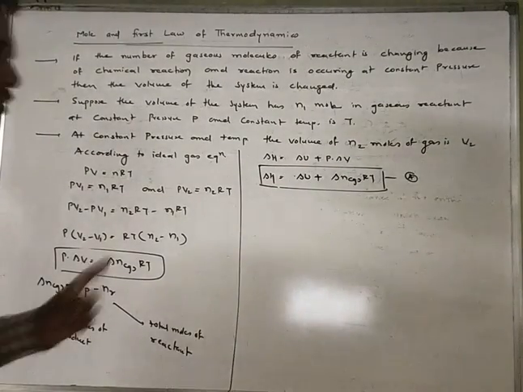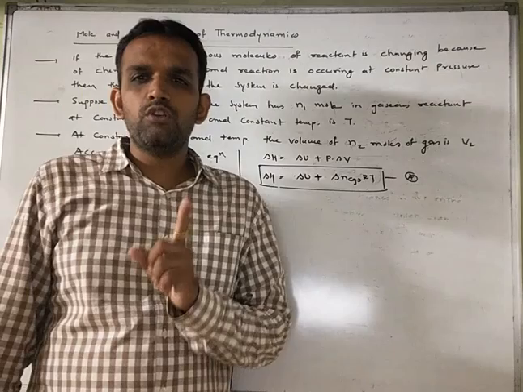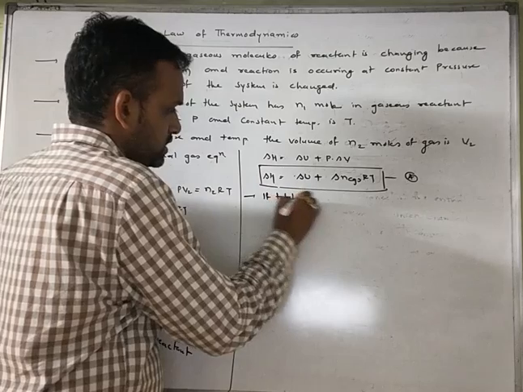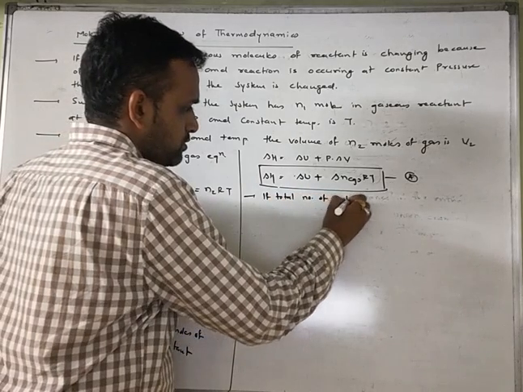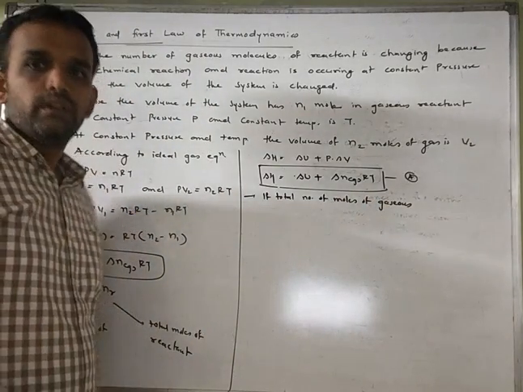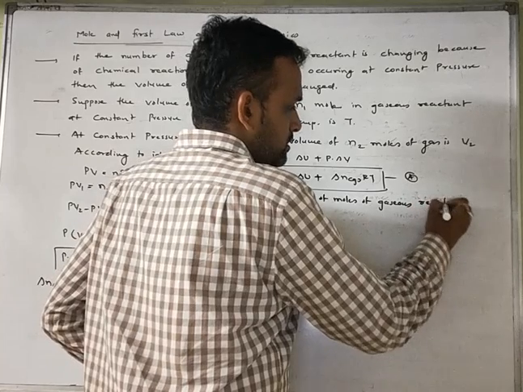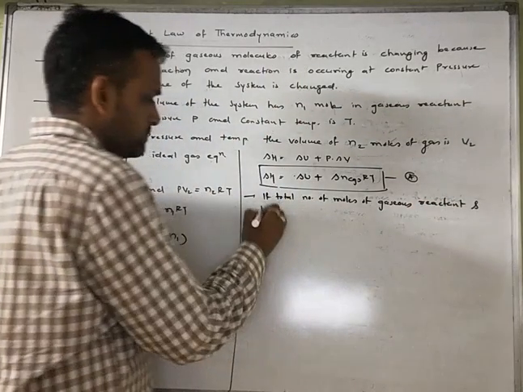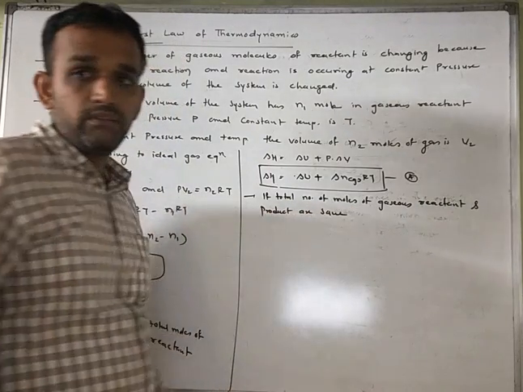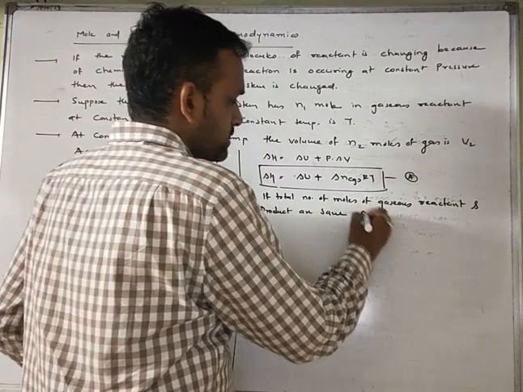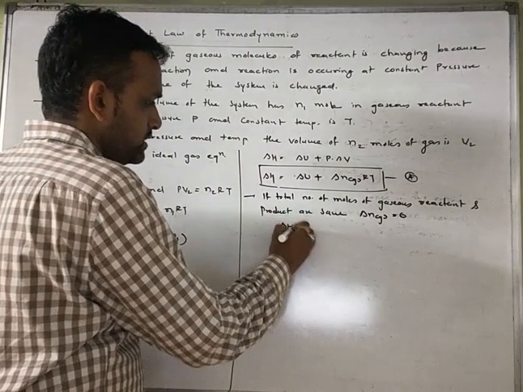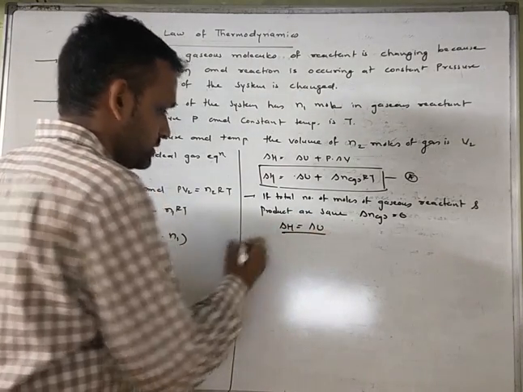Now if the total number of moles of gaseous reactant and product are the same, then delta Ng equals 0, and we can say that delta H equals delta U. This is the first thing.